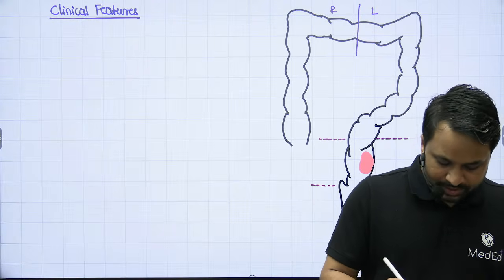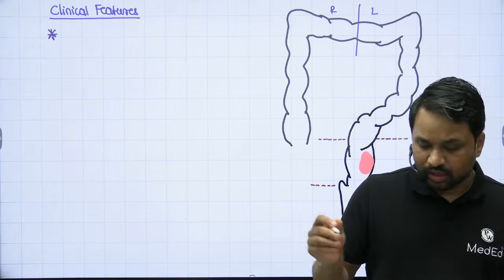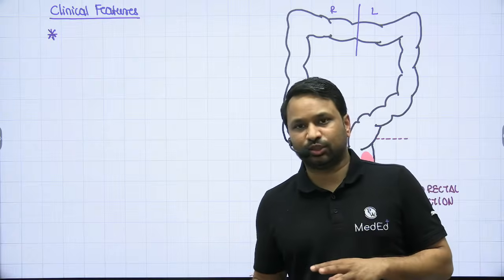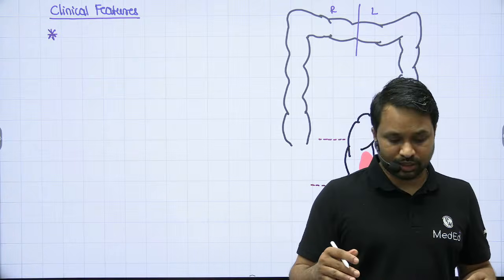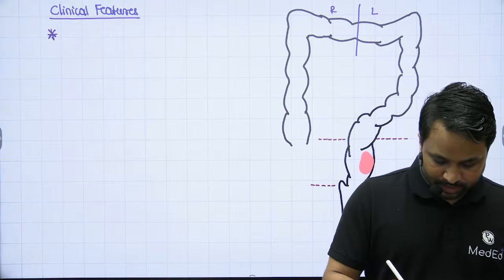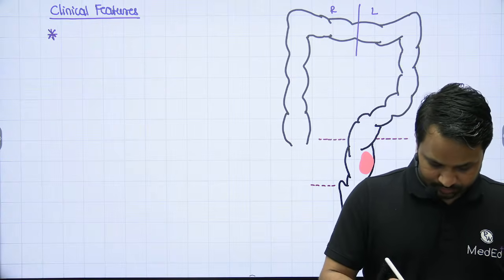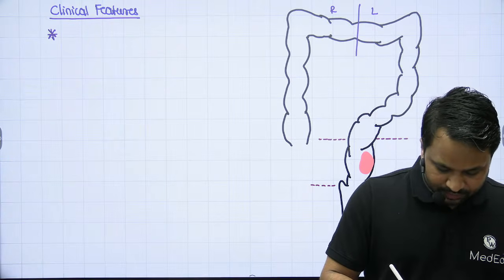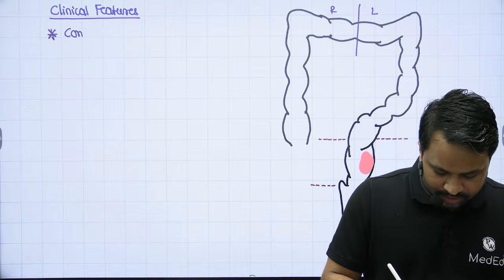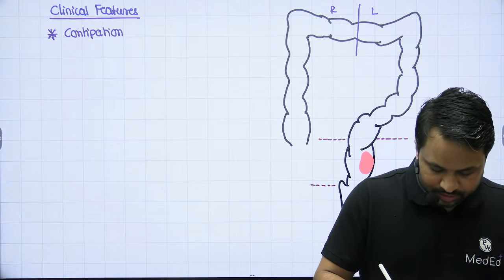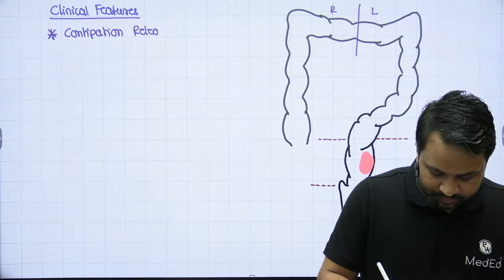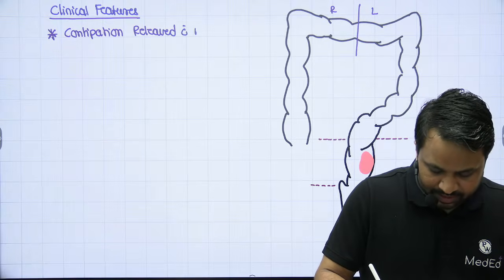Now how would they present to you? Most of these tumors are vascular, right? Because they are vascular, they're going to bleed and they're also going to cause obstruction. So the first thing the patient will experience in rectal cancers is constipation, a constipation relieved with diarrhea.